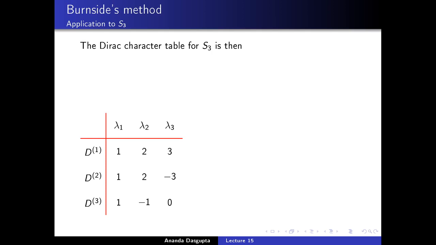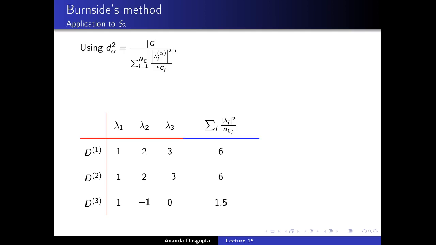Now what we need to do is first determine the dimensions of the representations. We already know what the answer is going to be, but we are going to ignore our previous knowledge. We are just going to rely on Burnside's method here. For this, you need to figure out the sum of lambda_i squared by n_{C_i}, because you need to divide the order of the group by that to find out the corresponding dimension squared.